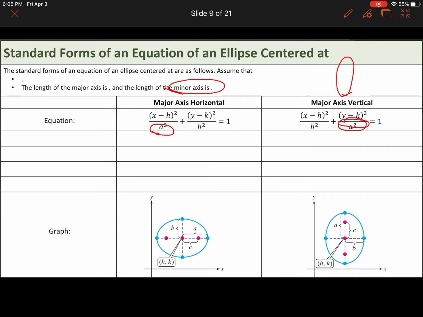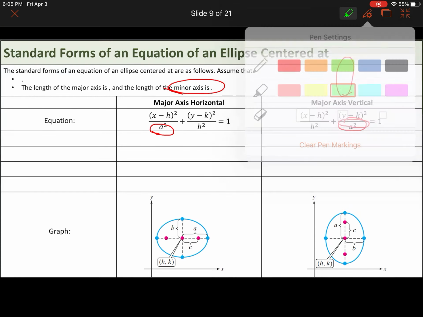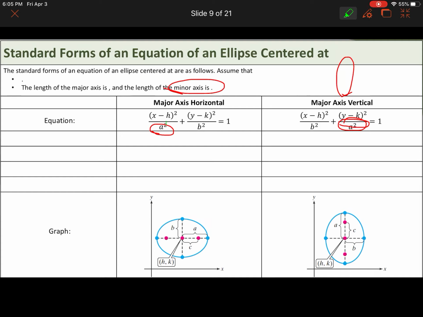So the graphs will look like this, and you notice that we're allowing h and k to be our center. And sure enough, when you look up here, there's h, x minus h, just like we did with circles, right? And x minus h doesn't change just because it changed back and forth, right? And there's the k, y minus k.